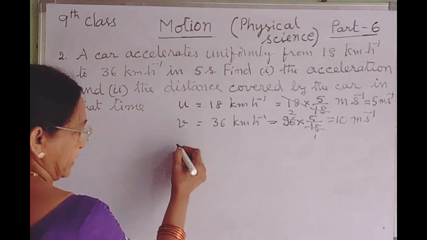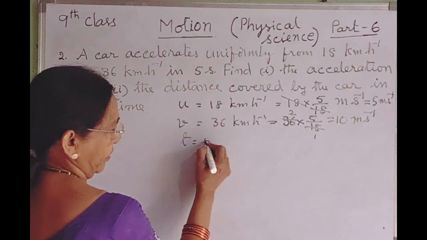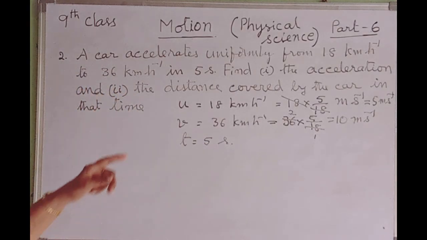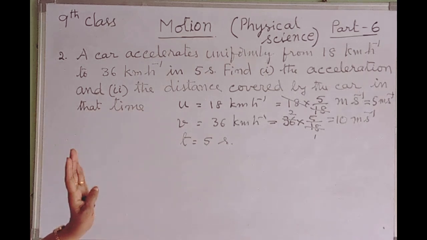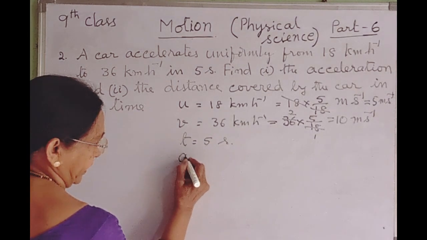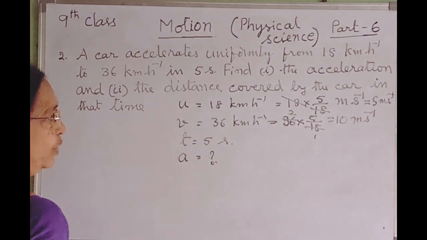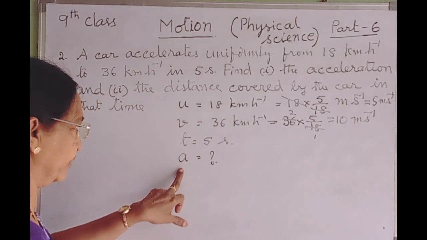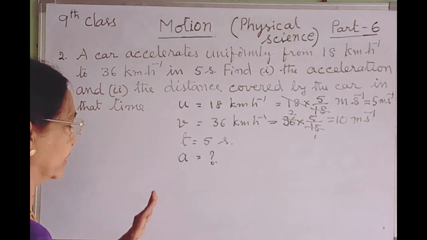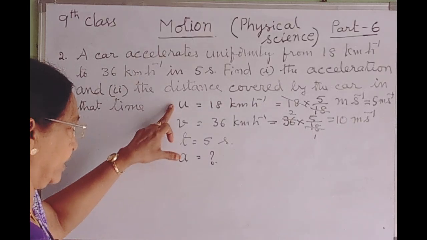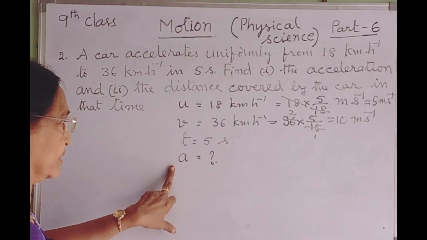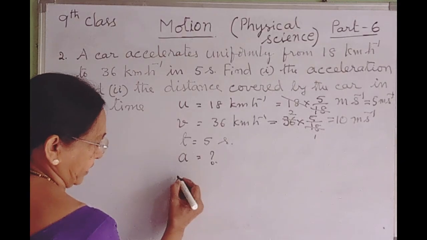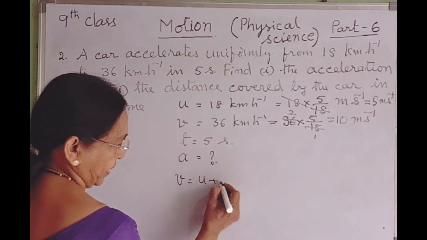The time interval is 5 seconds. Then find the acceleration and the distance covered by the car in that time. So first we will find the acceleration. We know u, v, t and we have to find out a. So select an equation which connects these 4 letters. That is the first equation, v is equal to u plus at.